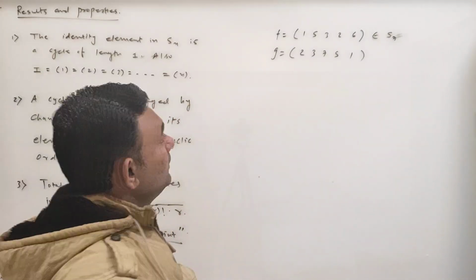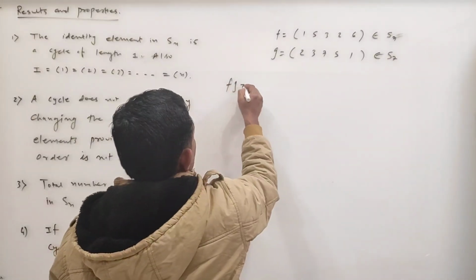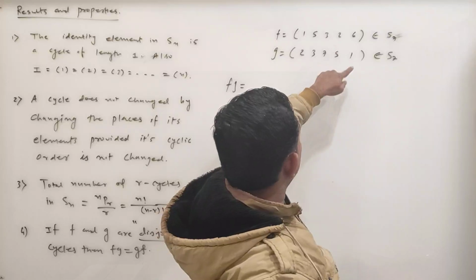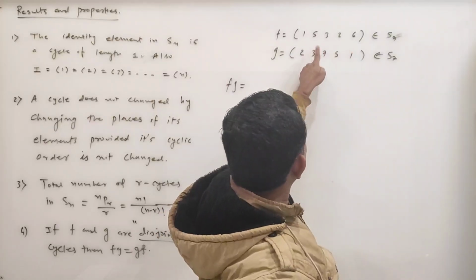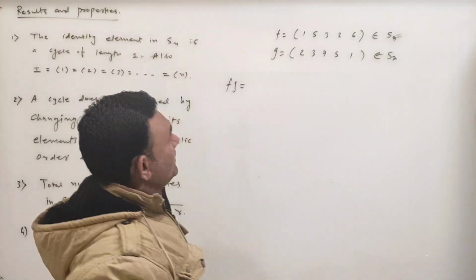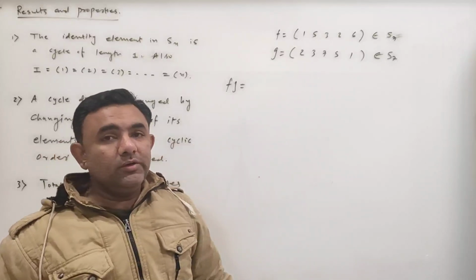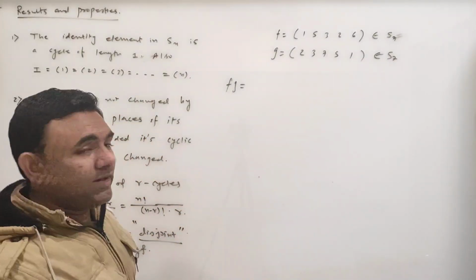Okay, so this is also an element of S7. Now I want to find f into g. Here you can see f and g are not disjoint because 1, 2, 3, 5 are repeated. 6 is not here in g, 7 is not here in f, that's fine, but these two are not disjoint.